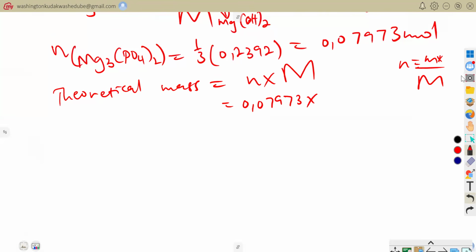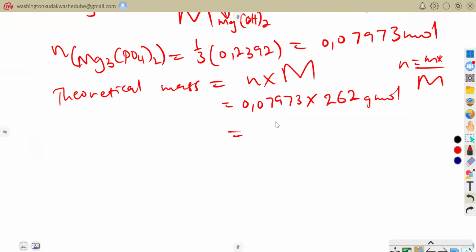They want the total molar mass of magnesium phosphate. So the total molar mass of magnesium phosphate, we said it's equal to 262 grams per mole.